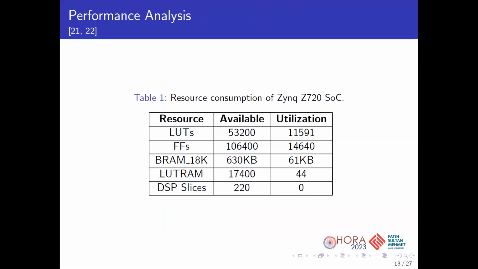Here we can see our resource consumption on the Zynq 7020 system on chip. The success of deeper networks in solving these problems depends on software optimization and hardware accelerators. The intricacy of such a model necessitates considerable memory allocation, frequently causing performance constraints in the associated hardware.